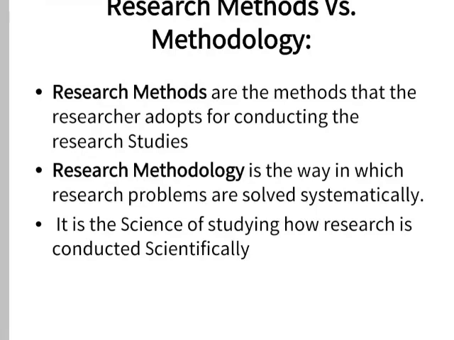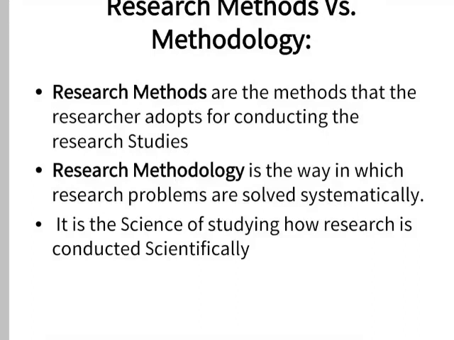Now it's important for us to understand the difference between method and methodology. Research methods are the methods that the researcher adopts for conducting research studies. And research methodology is the way in which research problems are solved systematically. It is a science of studying how research is conducted scientifically.